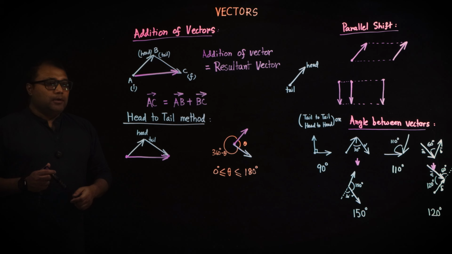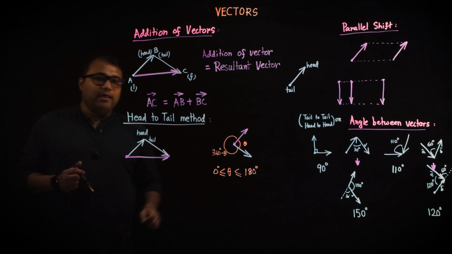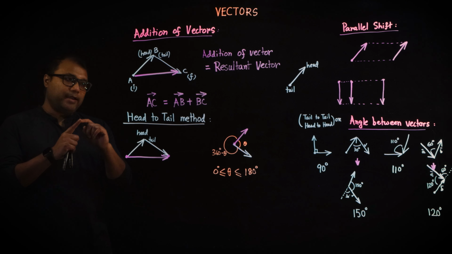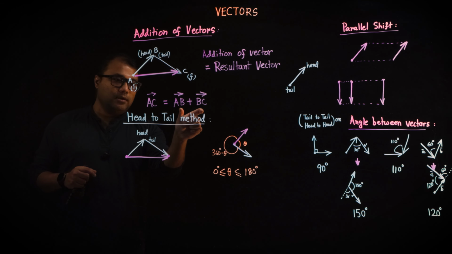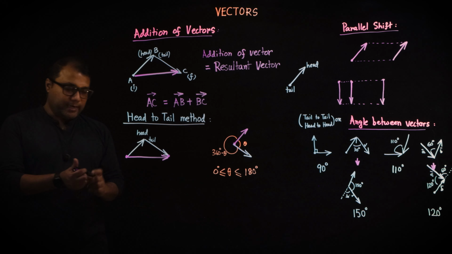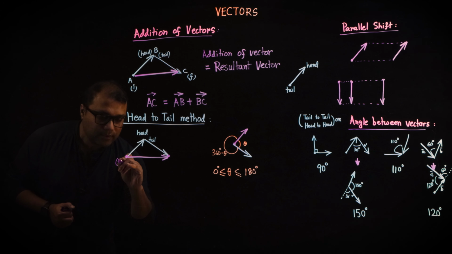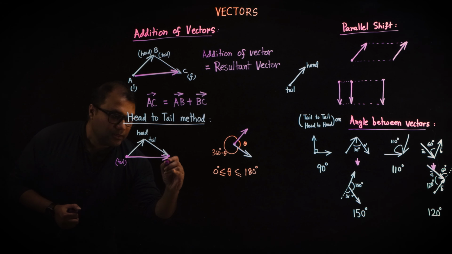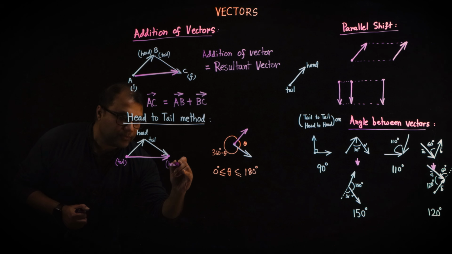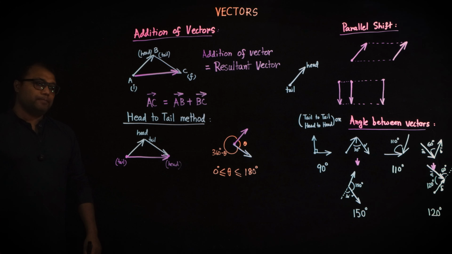So for the vectors that we are adding, we connect the head to the tail of the other, and the resultant vector is from the tail of the first vector to the head of the second vector.